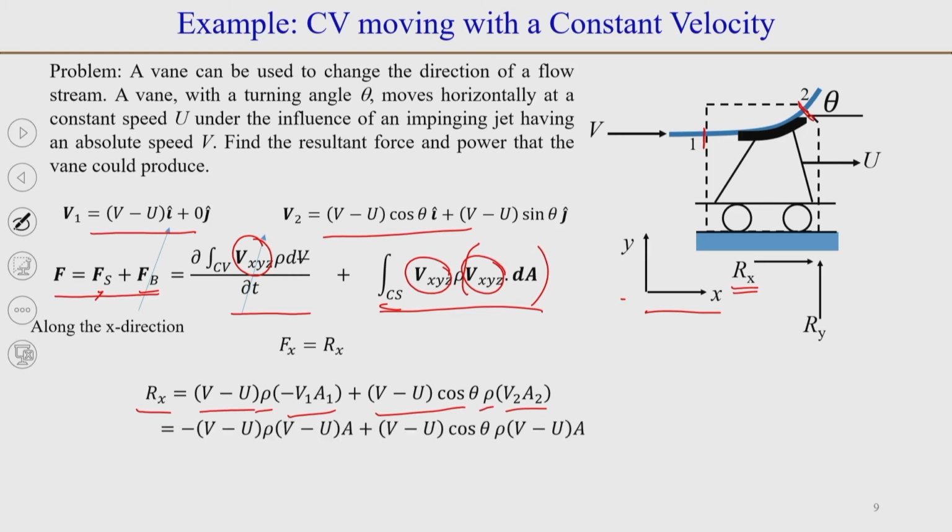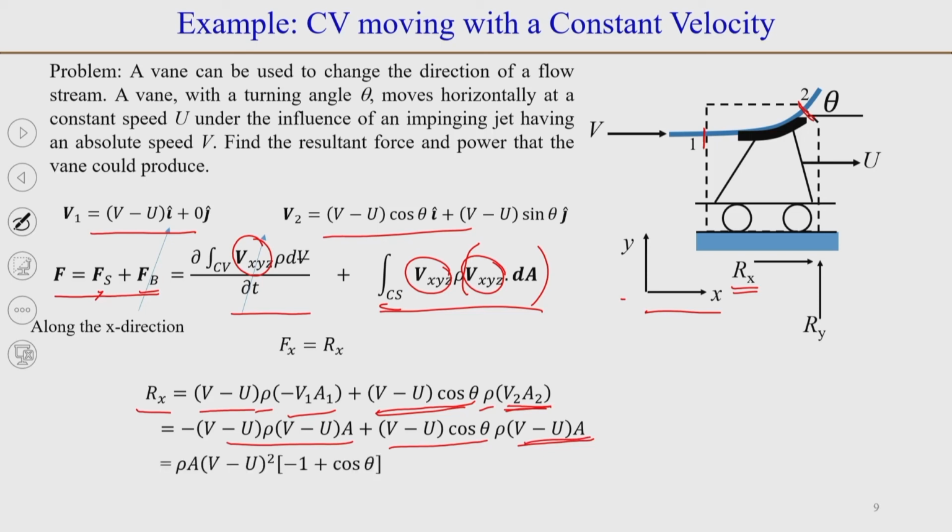So, we substitute the values. We can bring out at the first place minus v minus u into rho v minus u into a. Now, this will be v minus u cos theta rho, and v 2 dot a 2 will be again v minus u a. Okay. So, we need to see here that the difference is v minus u cos theta, which is the x component of velocity, and this will be v 2 a 2, so that will be v minus u a.